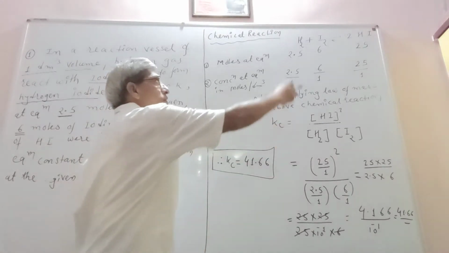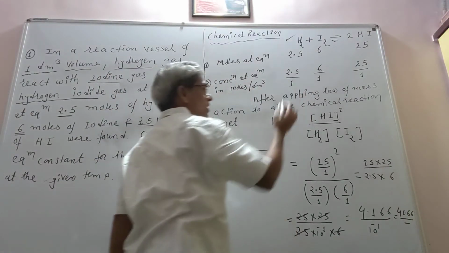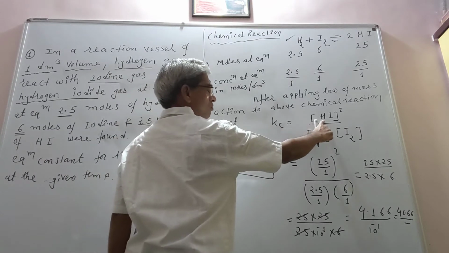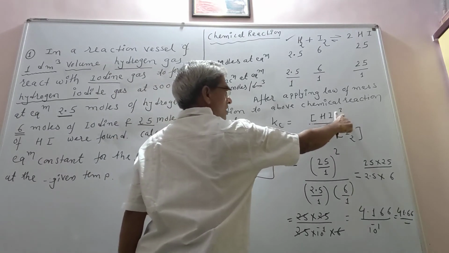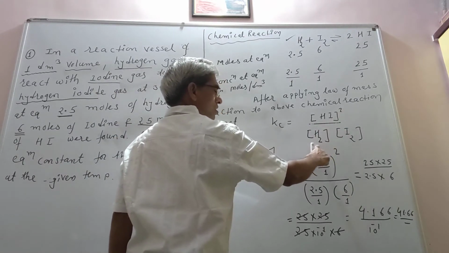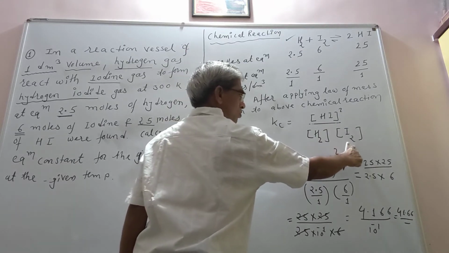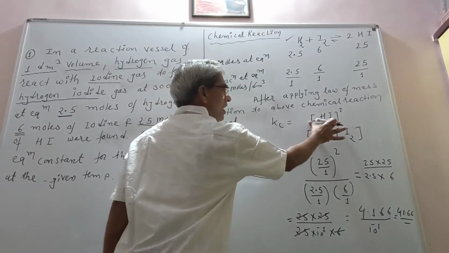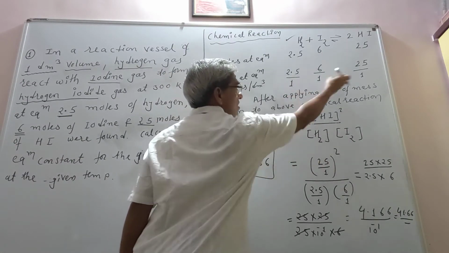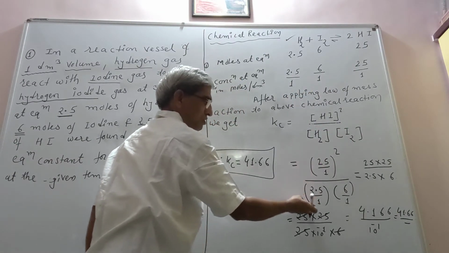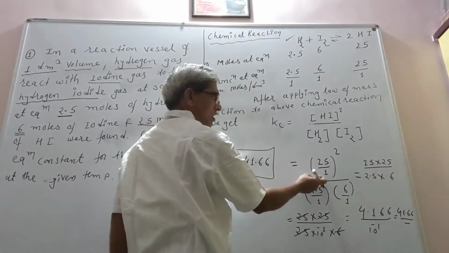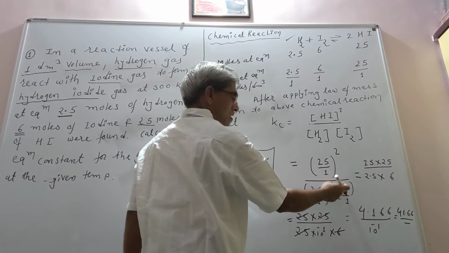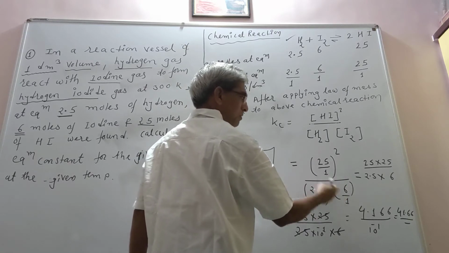Then we apply the law of mass action to this chemical reaction, and we get Kc equal to the molar concentration of HI raised to 2, over the molar concentration of H2 into the molar concentration of I2. Substituting the concentrations: 25 divided by 1 raised to 2, over 2.5 divided by 1 into 6 divided by 1.